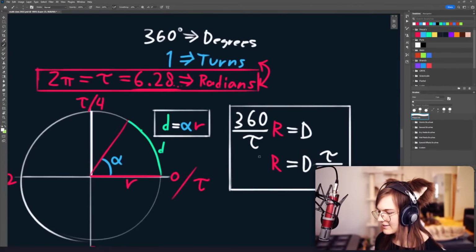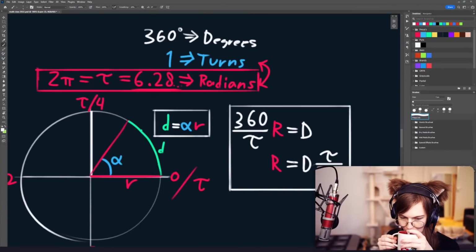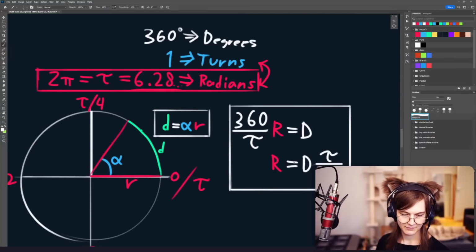Did that make sense? Any questions? Doesn't tau have infinite decimals?